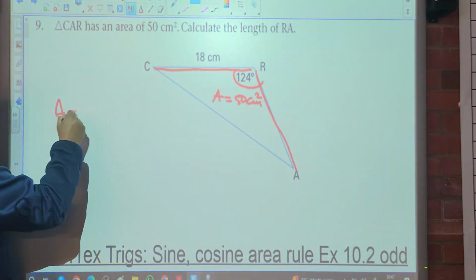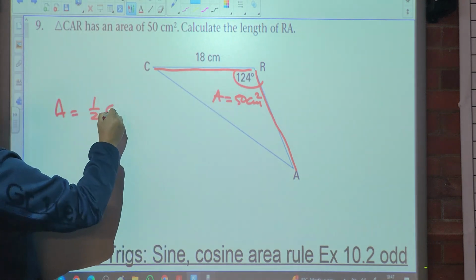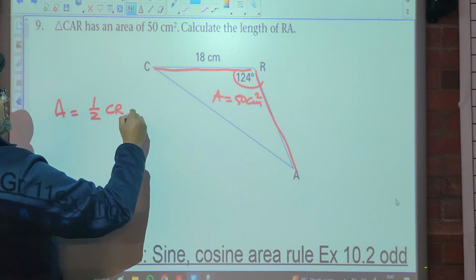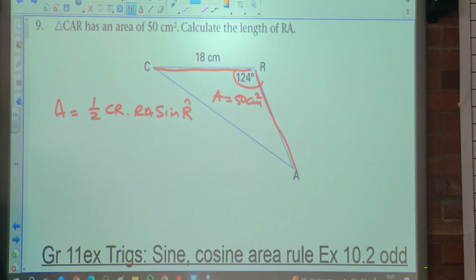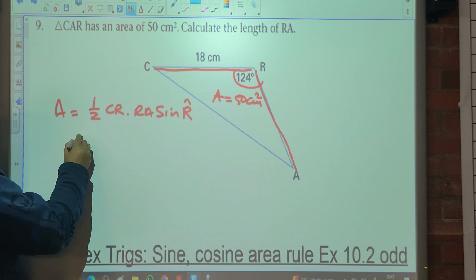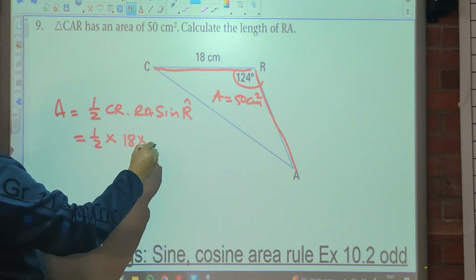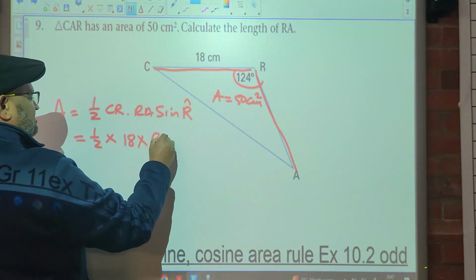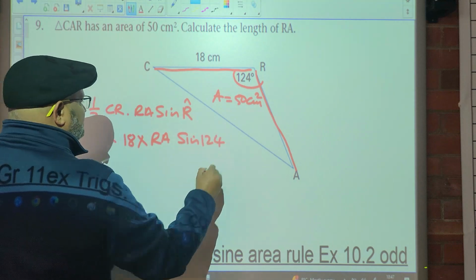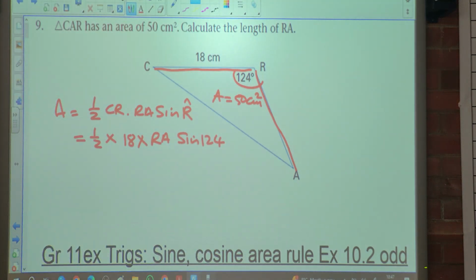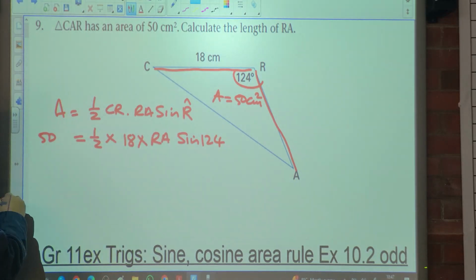The area of CAR is going to be half CR times RA sine of angle O. So it's going to give us half CR 18 times RA, which is what I'm going to calculate, times sine of 120. Okay. So what's the area? 50.